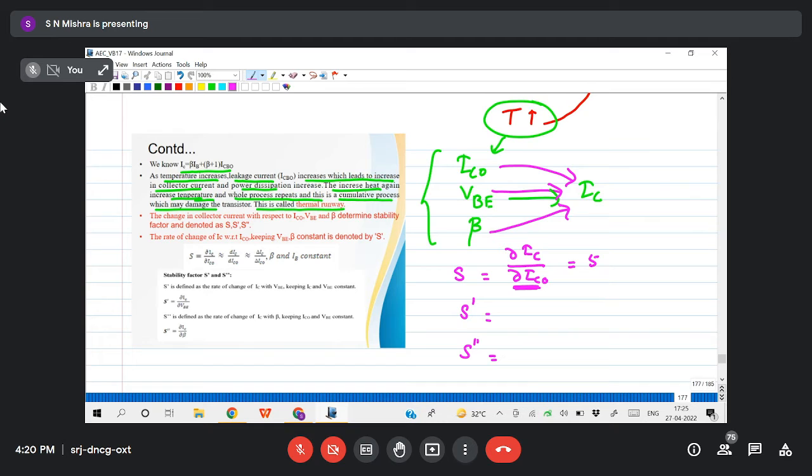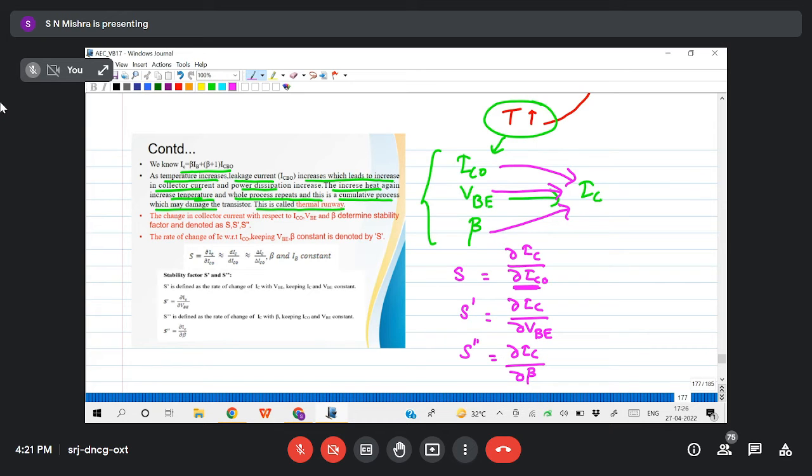You can think like that. Similarly, if I want to find out the effect of base emitter voltage on IC, then it is del IC by del VBE. Similarly, S dash means del IC by del beta.